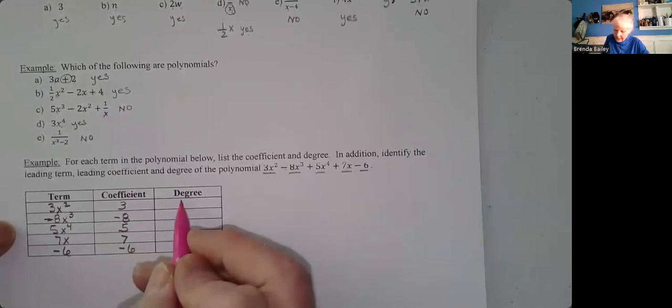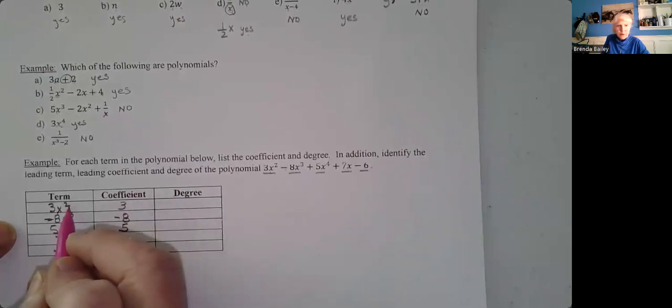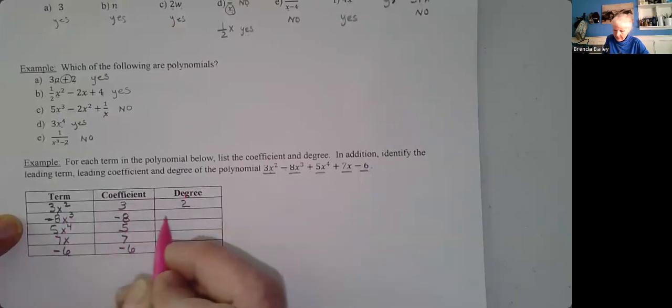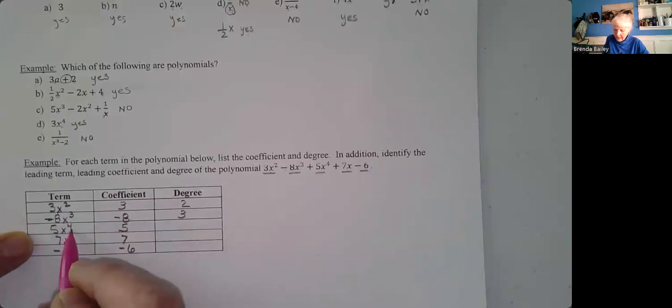Let's talk about degree. The degree is the highest exponent on that term. So the degree is 2. The degree is 3. It's the exponent on that term. The degree is 4.